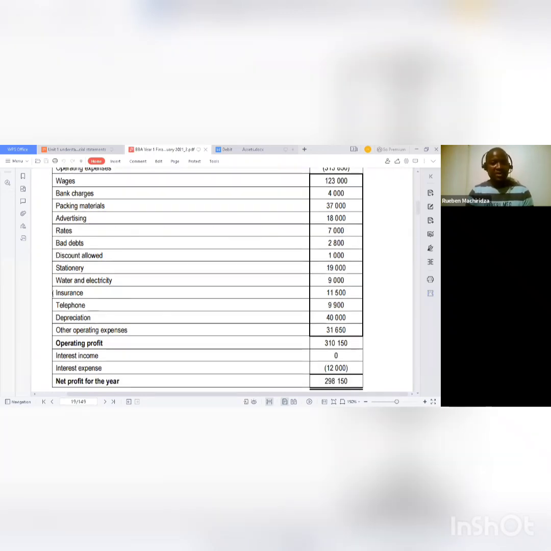And then we have insurance. As we are in operation, we have to insure our assets, be it our production plant or our motor vehicle or our buildings. We have to insure them against certain hazards, be it theft, be it fire.